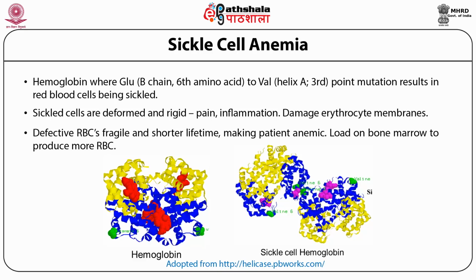When hemoglobin releases the oxygen and goes from the R state to the T state, the valine of one chain and the similar valine on the other chain come and interact with each other, and they form fibrous structures. These fibrous structures become insoluble.